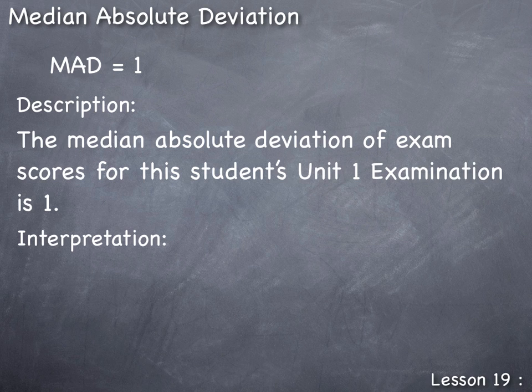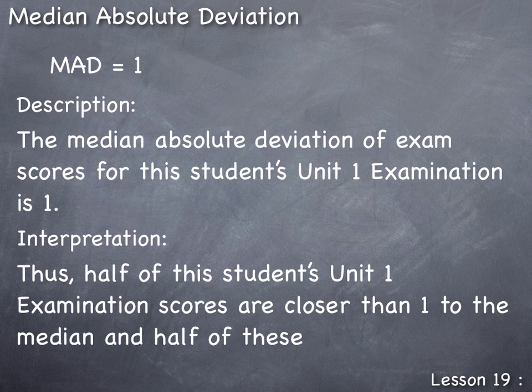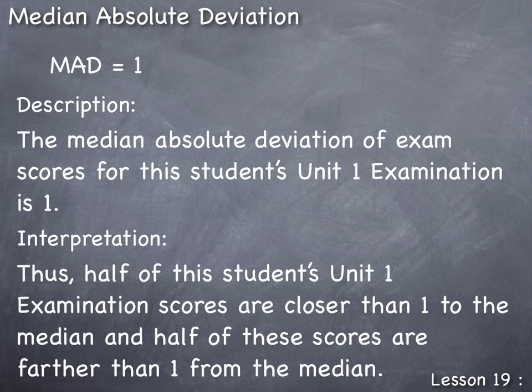The median absolute deviation finds a value such that half of the data values are closer to the median than that value, and half of the data is further from the median than that value. So here's an interpretation. Thus, half of this student's Unit 1 examination scores are closer than 1 to the median, and half of these scores are farther than 1 from the median.